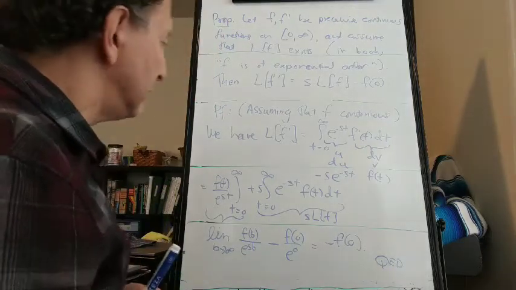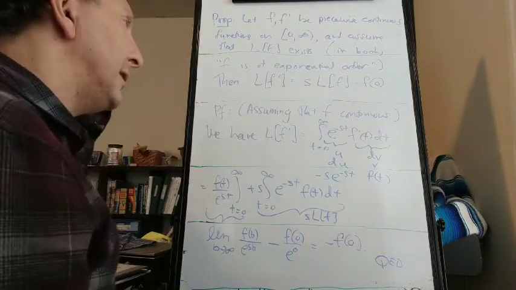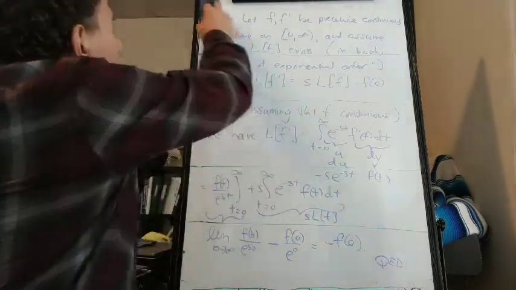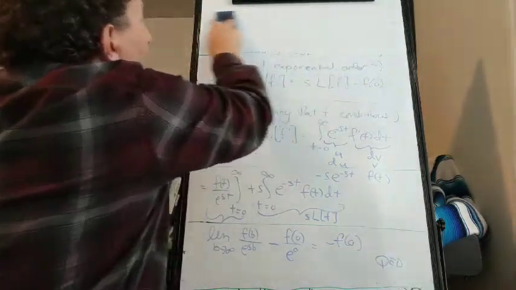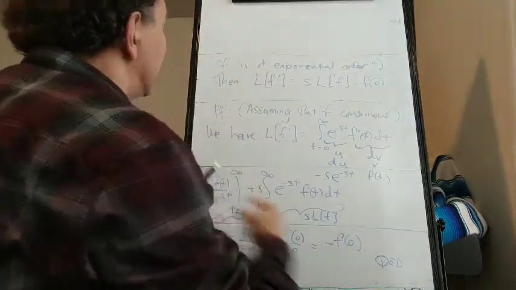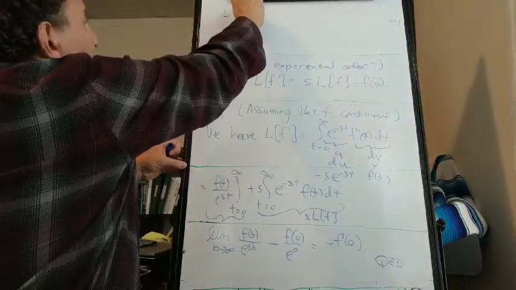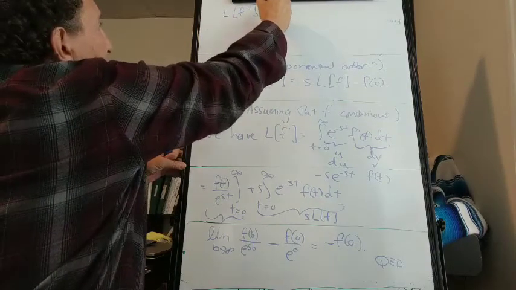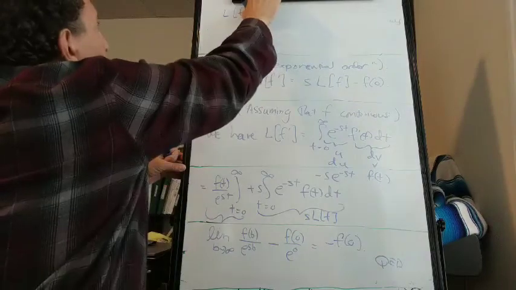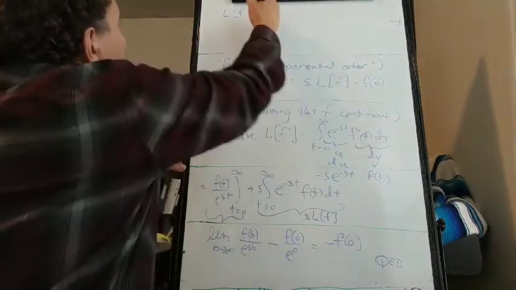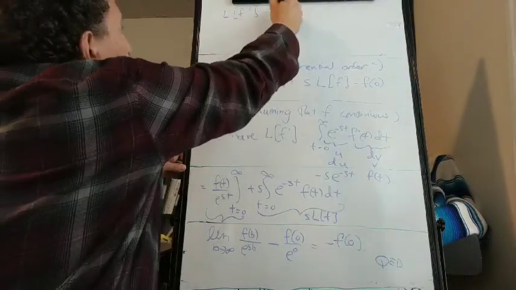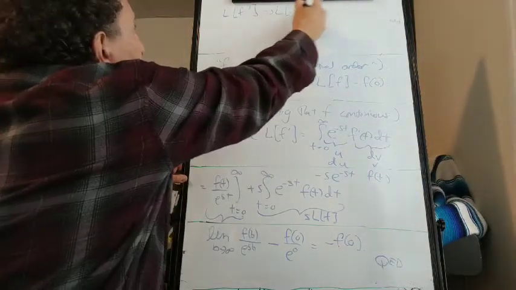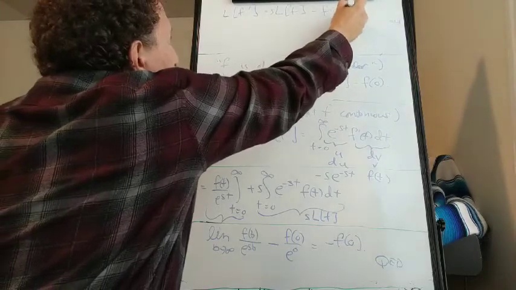Alright, so let's use this formula and do some examples and make sure that it's consistent with what we know about the Laplace transform. I'll write the formula up here so we can look at it. The Laplace transform of f prime equals s times the Laplace transform of f minus f of 0.